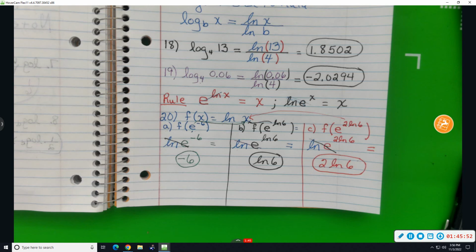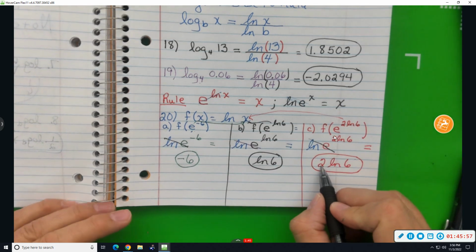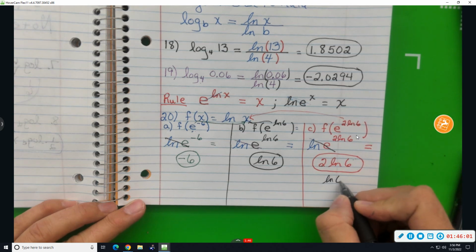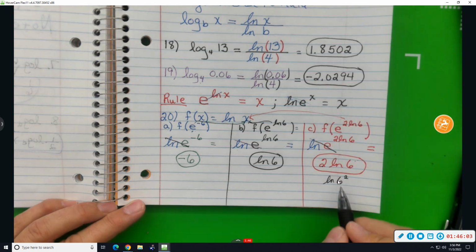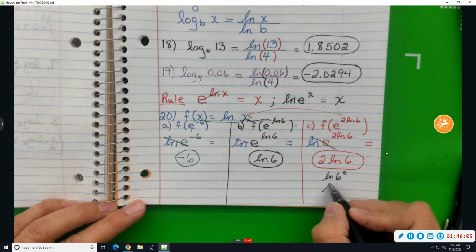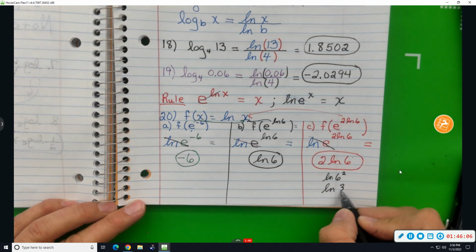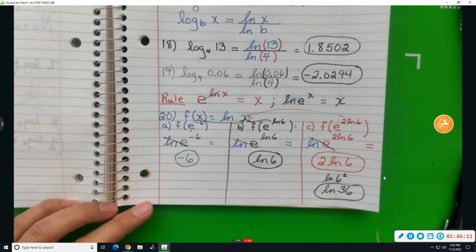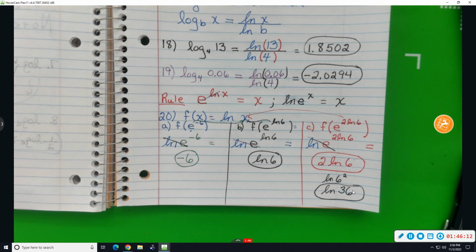Did y'all hear that question? Bring this 2 up as an exponent. And if you do that, I'm pretty sure they're going to want you then to write it as ln 36. That would be the best answer. That's the best, in my opinion, ln 36 is the best answer possible.